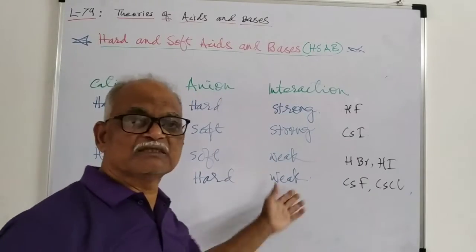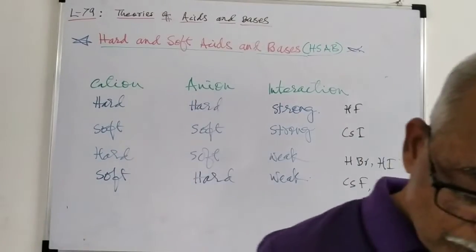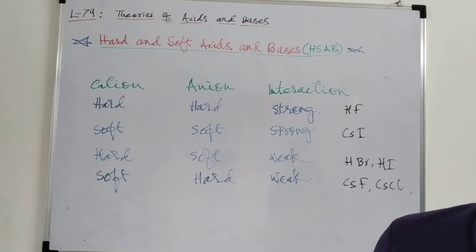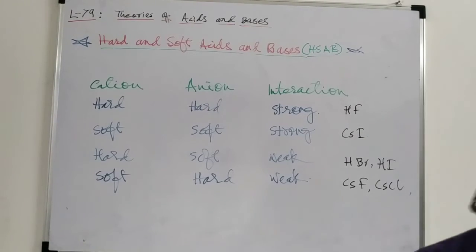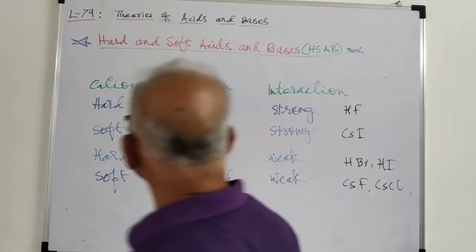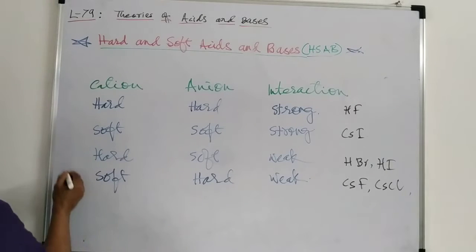So we can have such number of examples. Now here the hardness of the species depends upon the size. Hardness of the species also depends upon the size.